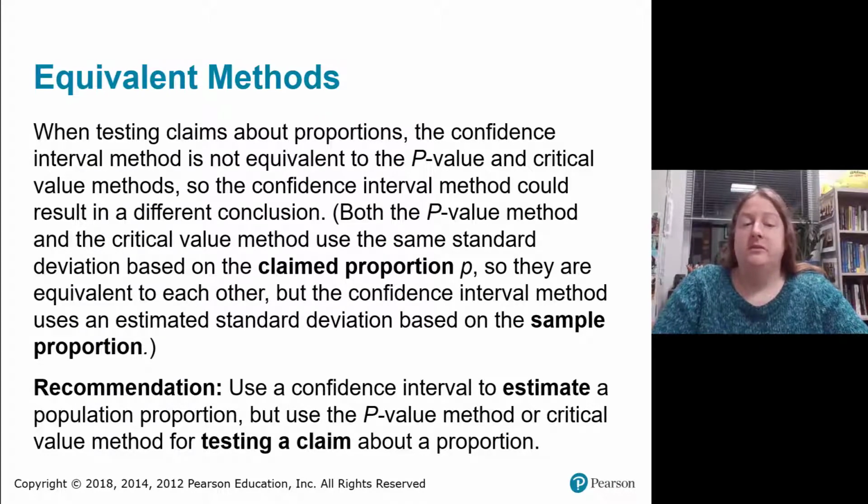However, the confidence interval method uses an estimated standard deviation based on the sample proportion. And so that one results in a potentially different conclusion. So we have a recommendation that if we're looking to estimate a population proportion, then we should use a confidence interval. But if we want to test a claim about the population proportion, then we should use the p-value method or critical value method.